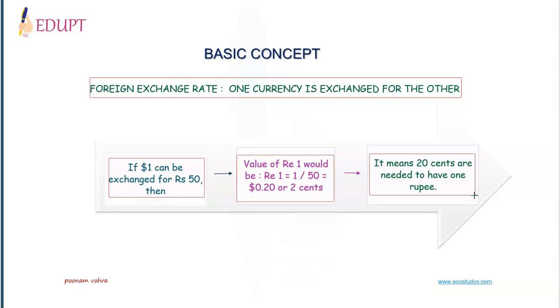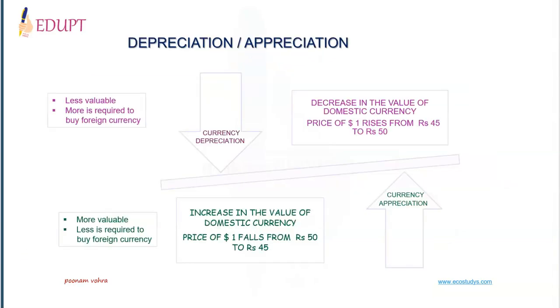The exchange rate can fluctuate on day-to-day basis because it is determined by the forces of demand and supply. In the foreign exchange market, the exchange rate may fluctuate, resulting in either currency depreciation or appreciation.